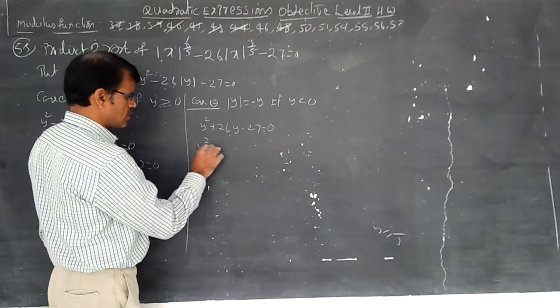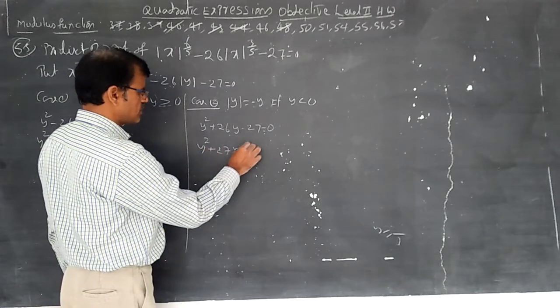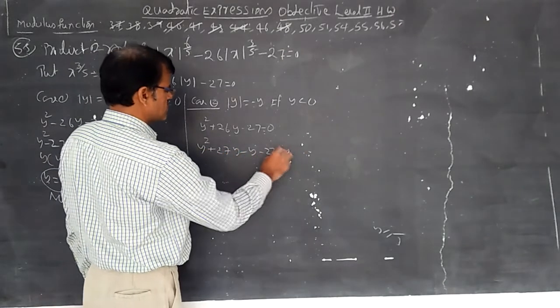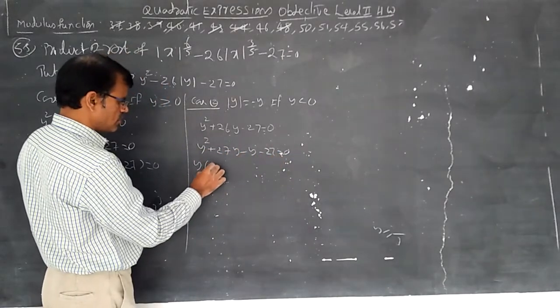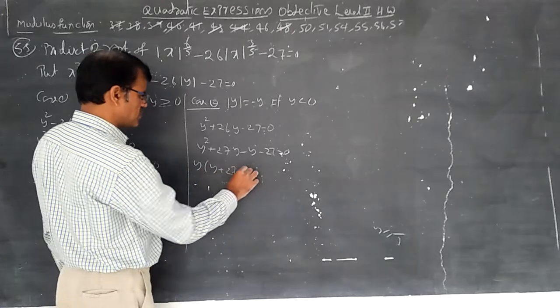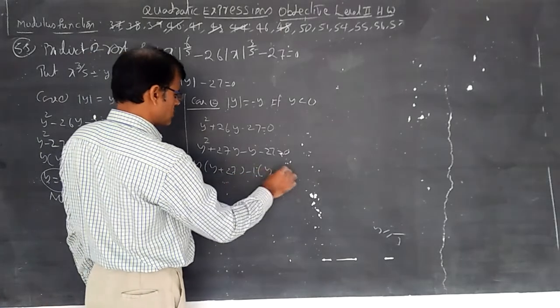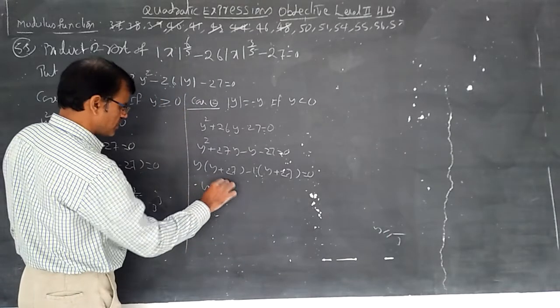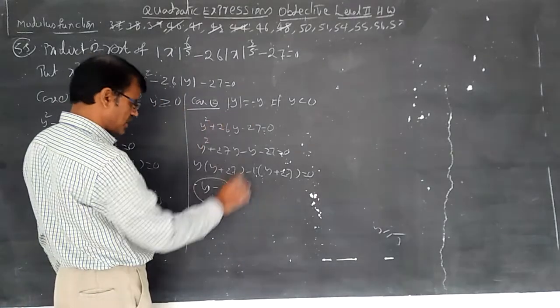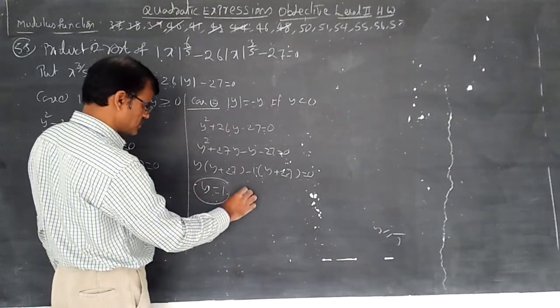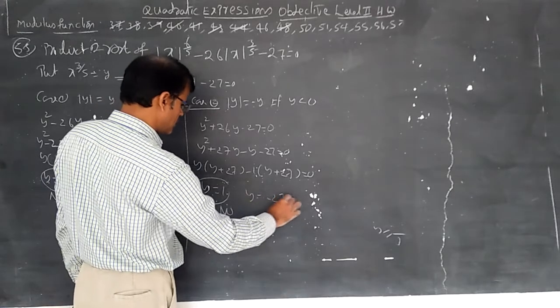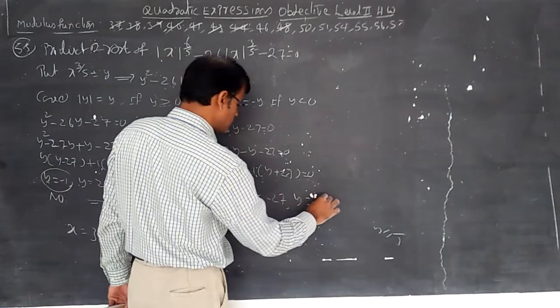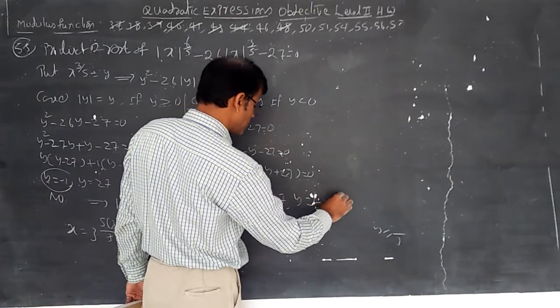So y square plus 27y minus 27 equal to 0. y taken common: y plus 27 minus 1 taken common, y plus 27 equal to 0. So y is equal to 1. Because it is negative, you should not consider positive. You should consider only negative. So y is equal to minus 3 whole cube, you write.